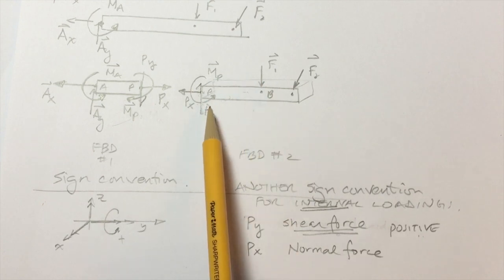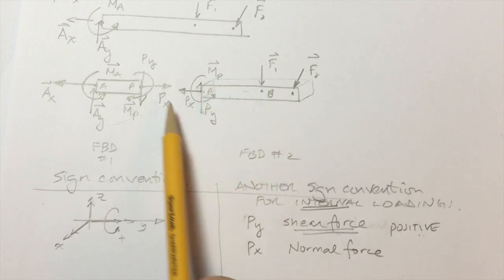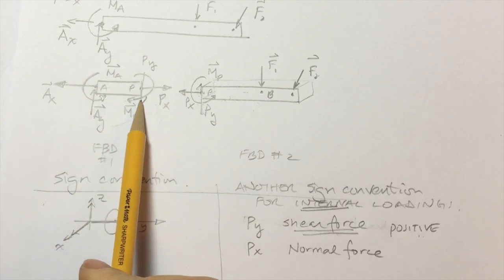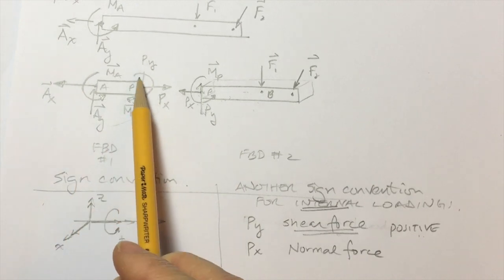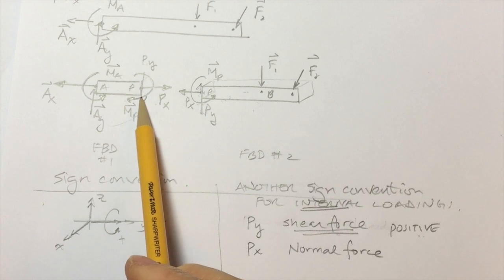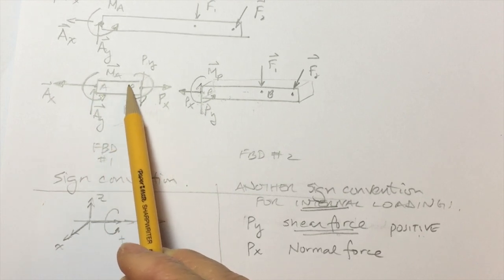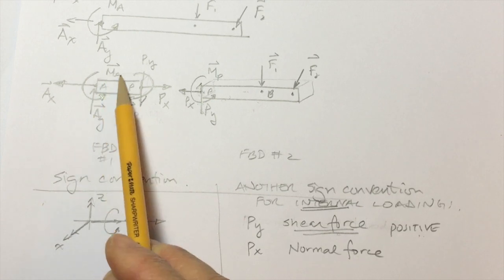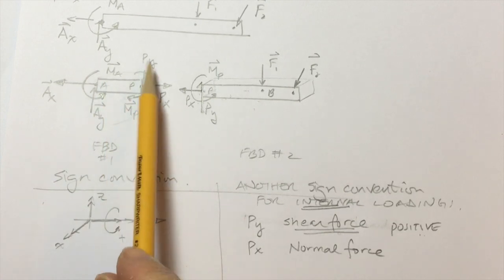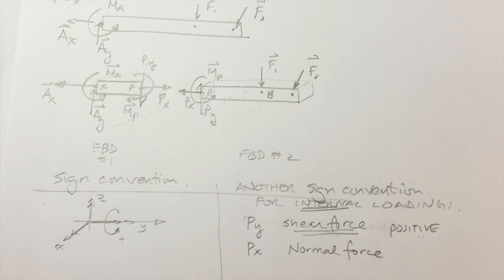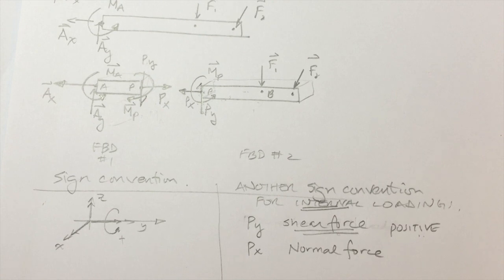Therefore, this is considered positive. Let's look at this face. We have this Py force acting on this face of the beam, which causes this beam to have a tendency to rotate in the clockwise direction. Therefore, that shear force Py is considered to be positive.